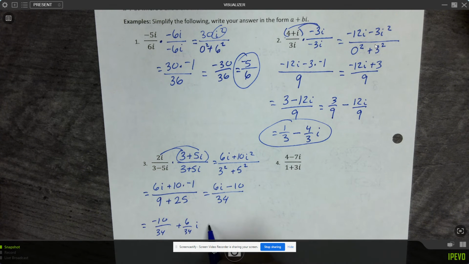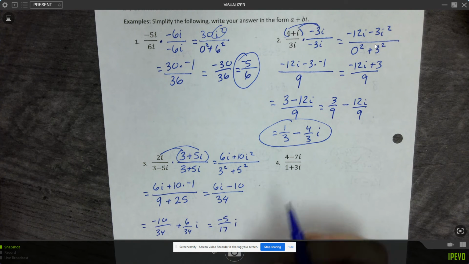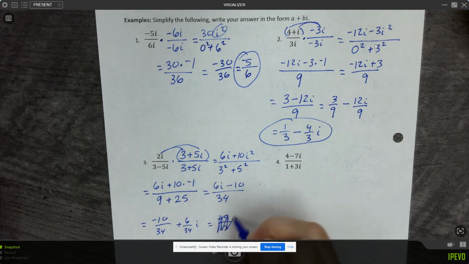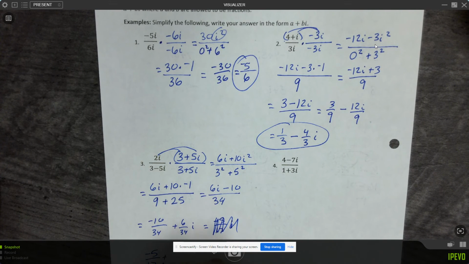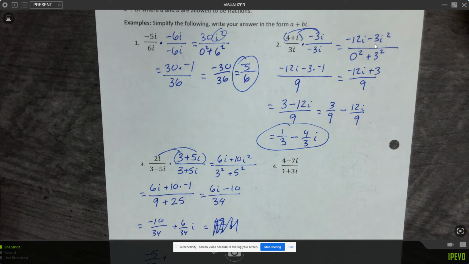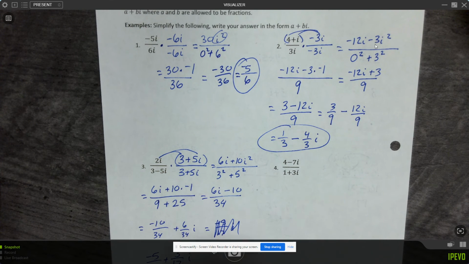And then you can see if your fractions can reduce, which they can. That would be negative 5 over 17. Nope, no i on that one. Negative 5 over 17 plus 6 over 34 reduces to 3 over 17i.